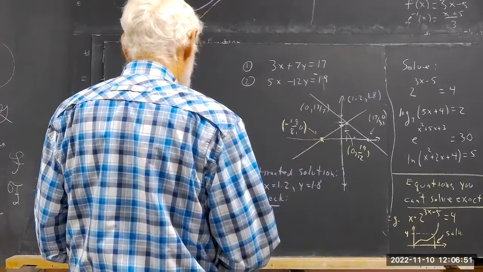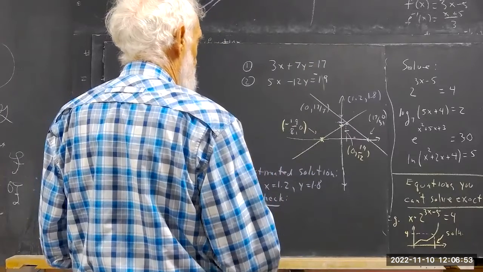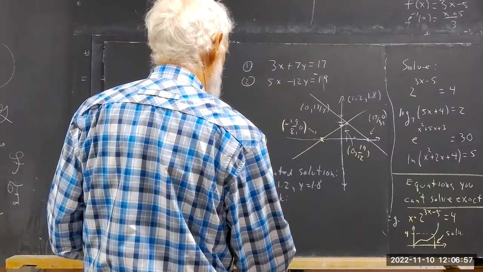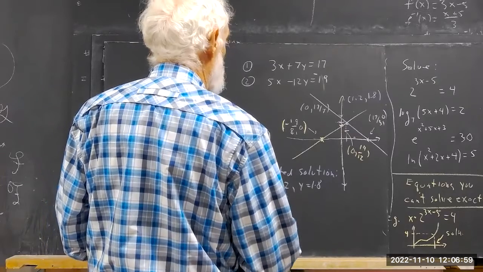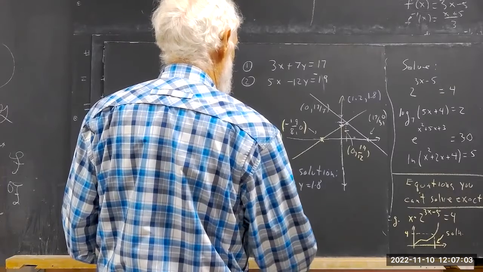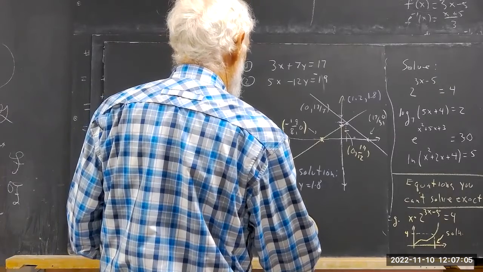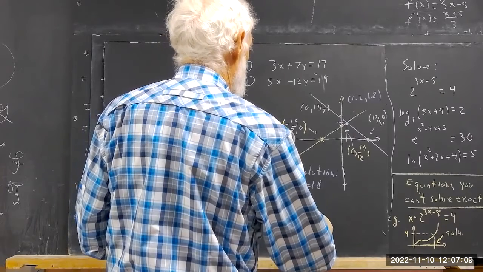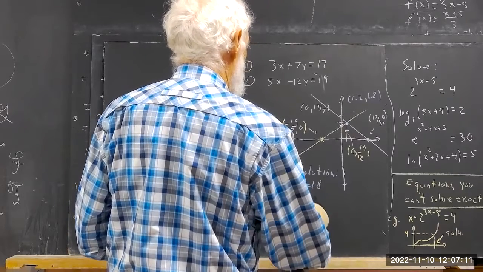Equation 1 says that 3 times 1.2 plus 7 times 1.8 should equal 17.